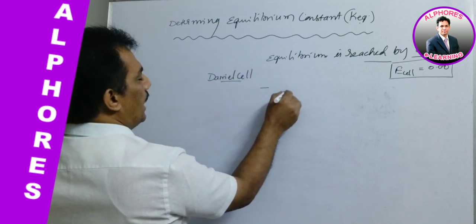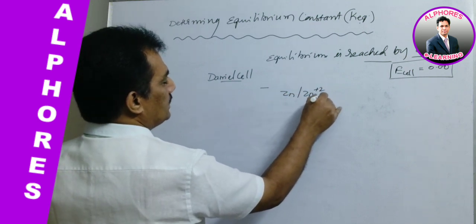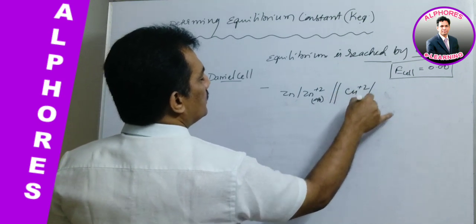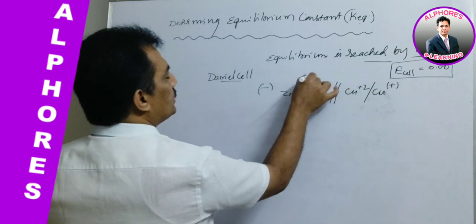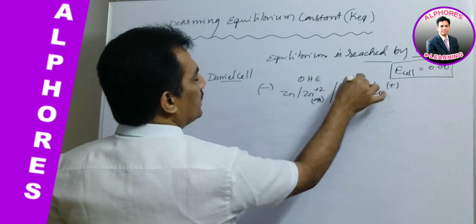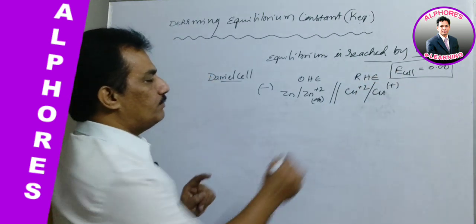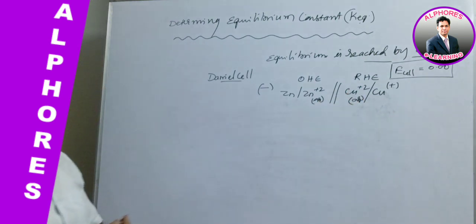The anode is zinc, Zn+2 aqueous, and the cathode is copper, Cu+2, and we know it is OHE, the oxidation half electrode, and this is the reduction half electrode. For this cell, with these two concentrations, let us write the Nernst equation for measuring the EMF of the cell.